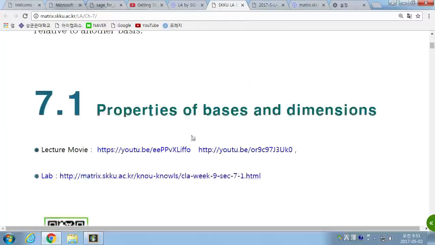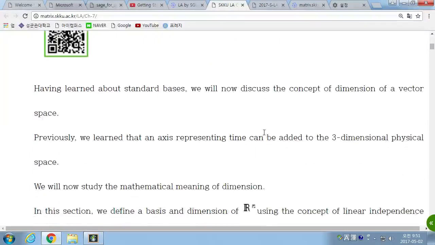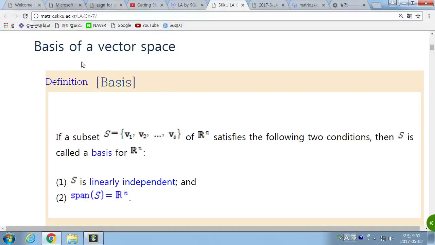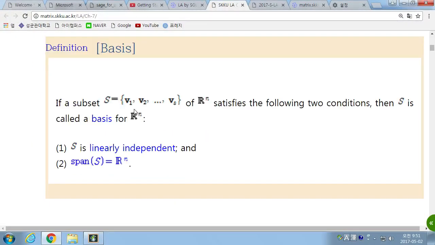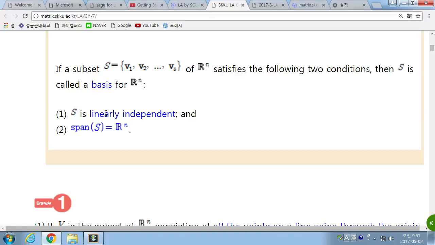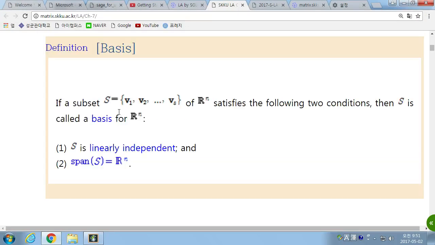Okay, first section, 7.1, properties of bases and dimensions. Basis of a vector space. If a subset of Rn satisfies these two properties, then we call it a basis. What is the first condition for S? It should be linearly independent.